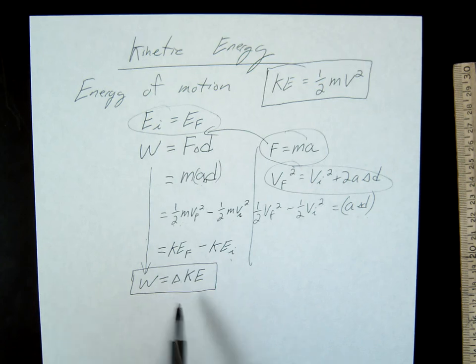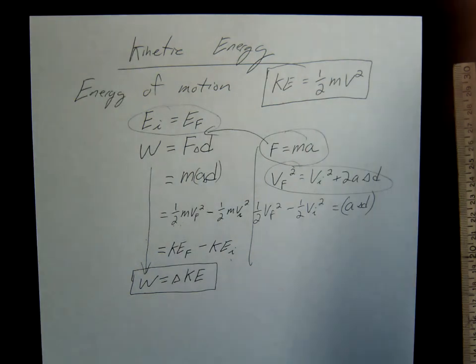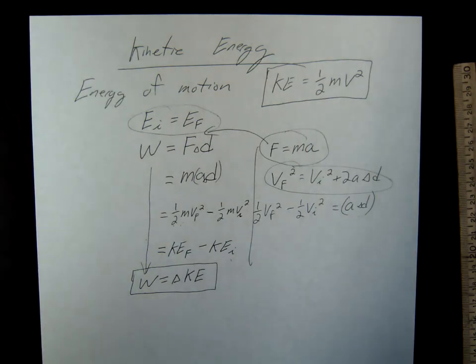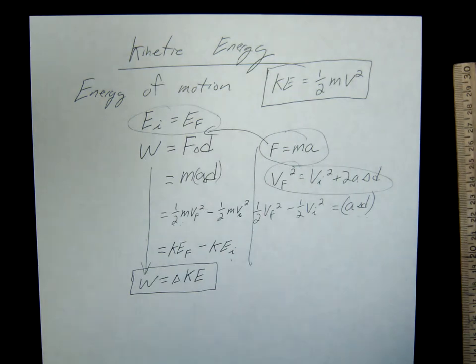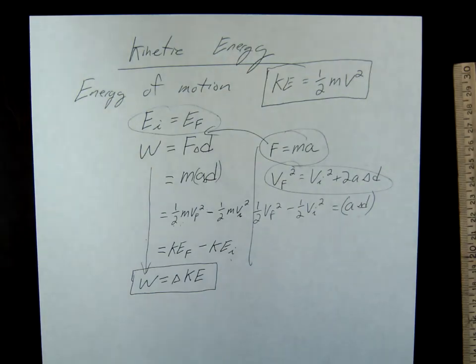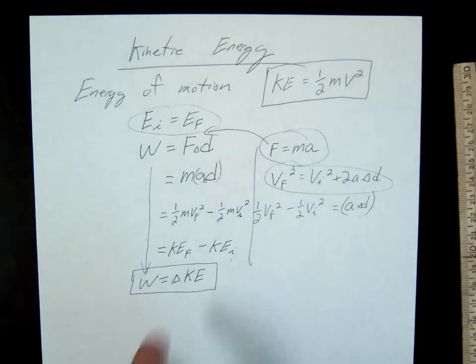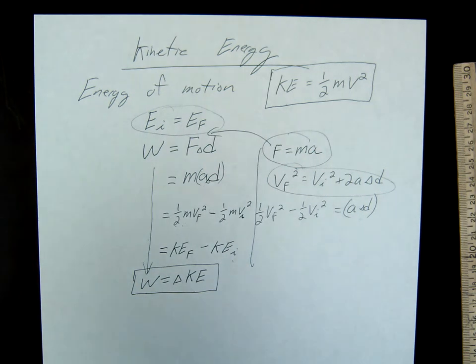Now this is not a hard concept, okay? If this has 0 joules, it's not moving, right? If I do 10 joules of work, how much energy does it now have? 10 joules. So the change in kinetic, it started out at 0, I did 10 joules of work, it now has 10 joules of kinetic.